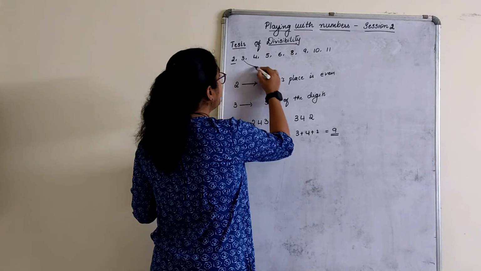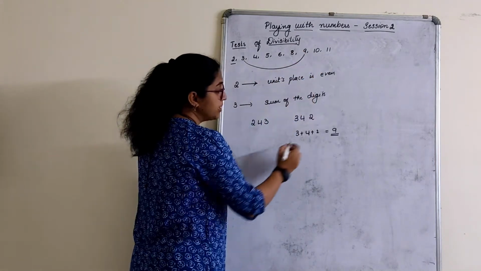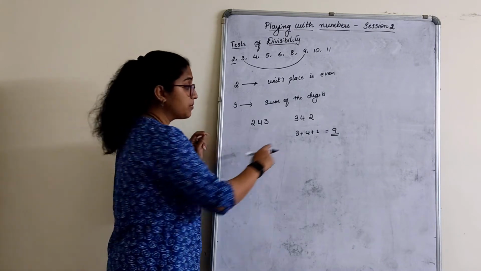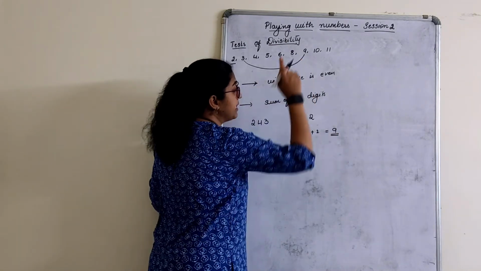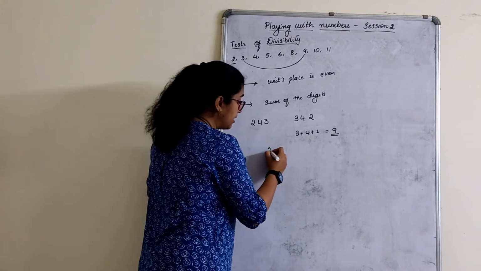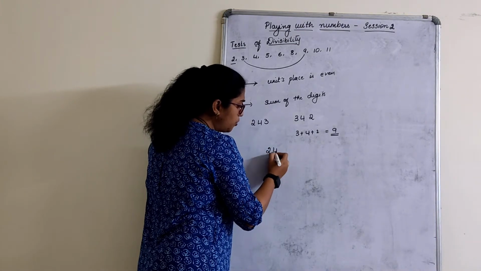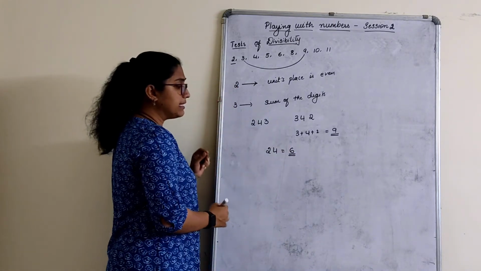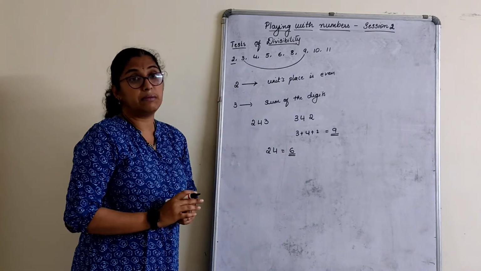The same thing we apply for 9. For 342, we got the answer as 9. If the sum is divisible by 9, the number is divisible by 9. But just look at this: 24. 4 plus 2 is 6. Is 6 divisible by 3? Yes. The number is divisible by 3.